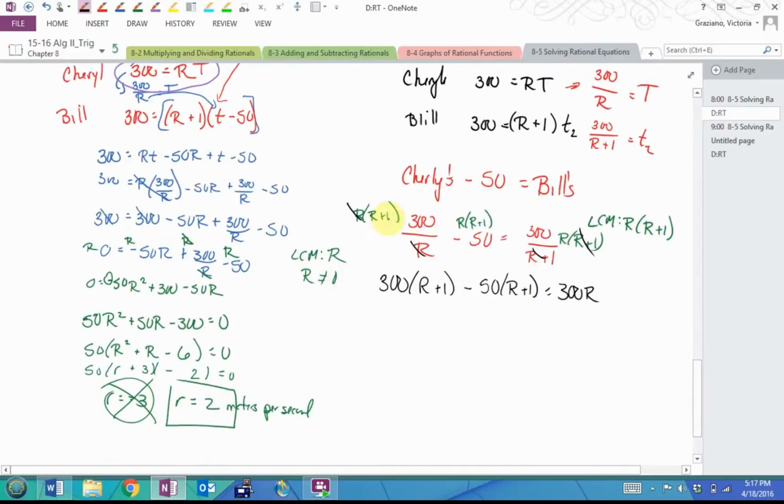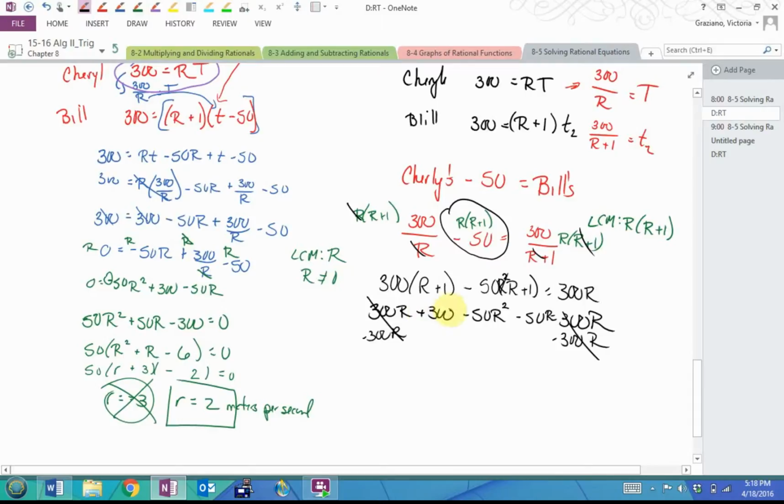Okay, check out what happens here. So I could subtract 300r on both sides. So I'm going to lose those. And, oops. Okay, right here, do you see that this should be a 50r squared? So this is 50r squared minus 50r.